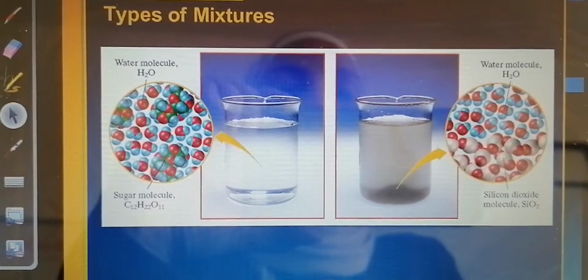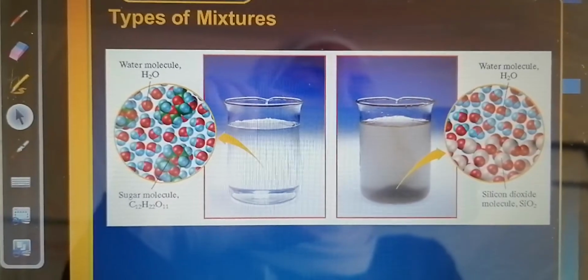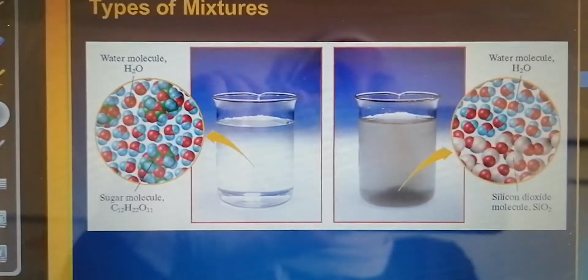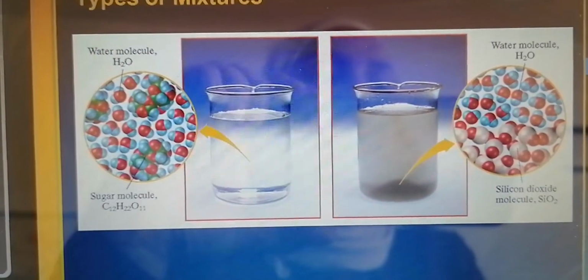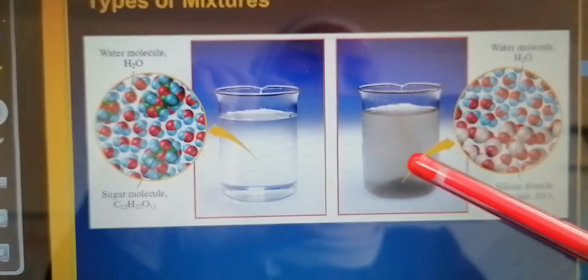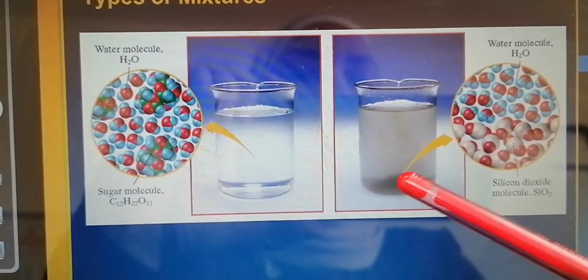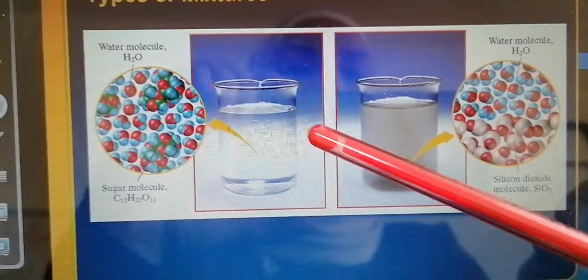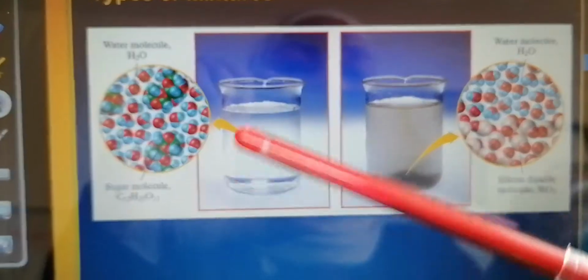First you have water and sugar, which is homogeneous. Okay. And then you have silicon dioxide and water. As you can see, it's not homogeneous. As you can see, first of all, the silicon settles down. Okay, it's not equally distributed, like in this case over here, the sugar and water.